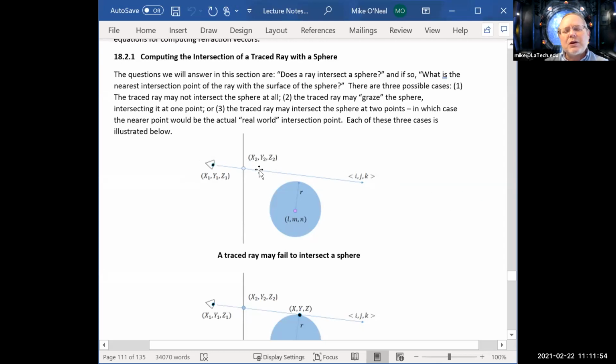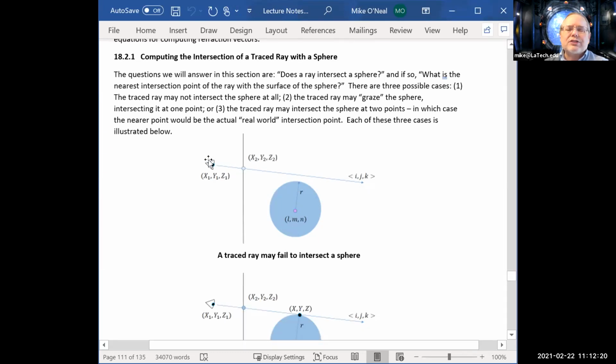If you take this parametric equation for this ray and insert it for x, y, z in the equation for the sphere, you'll get a quadratic, and the roots of that quadratic equation will be t. If there are any real roots, then the ray hits the sphere.